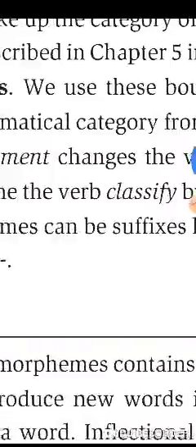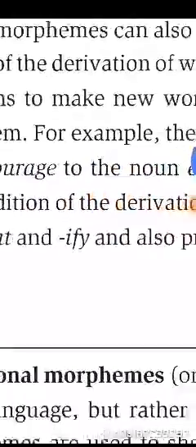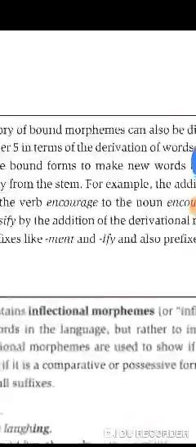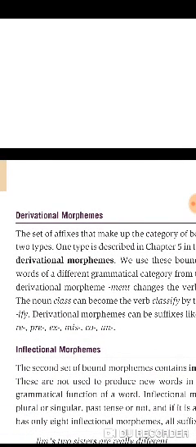Or when we add fi to a word like class, say classify, the result is a verb. So the first thing that derivational morphology does is make a new kind of word by adding something like ment or fi to the end of words like encourage, to have encouragement, and class to classify.